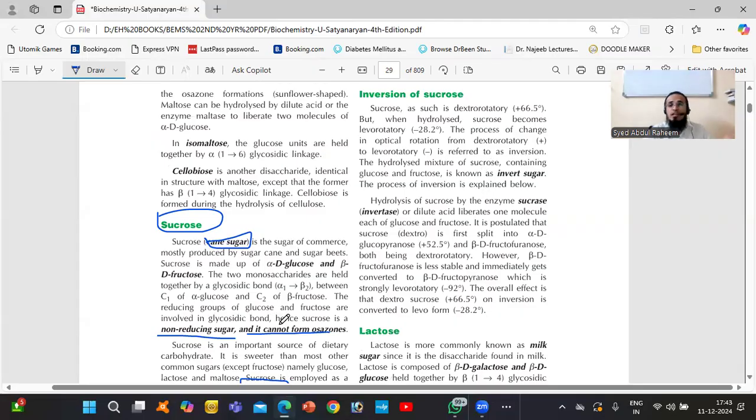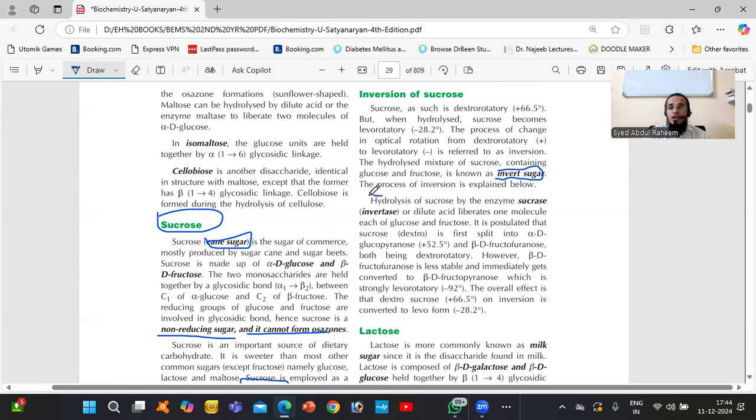And this sucrose is also converted into invert sugar. The sugar we eat, okay, for making tea, coffee, or homemade sweets, everything, those are made from this sucrose only.